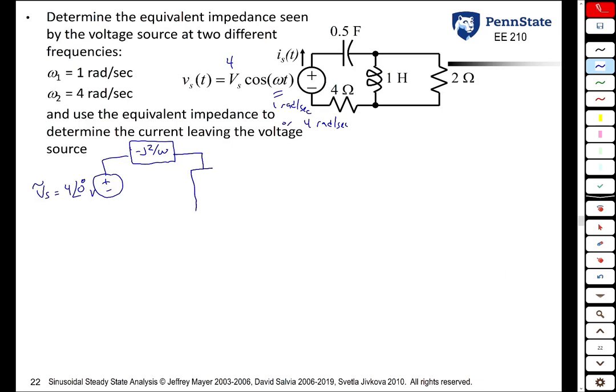The inductor, once again, its impedance is going to be j omega L. L is just 1 Henry, so we'll just make this j omega. The 2 ohm resistor is just 2 ohms.